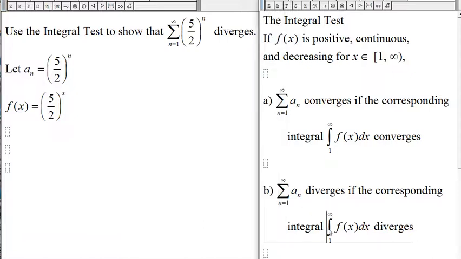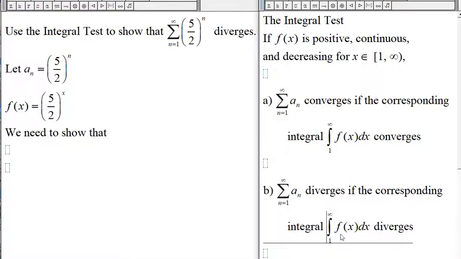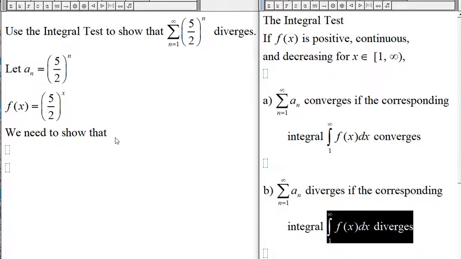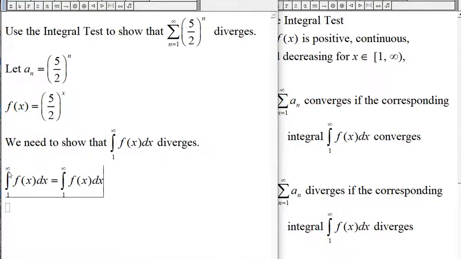And we need to show that this integral right here diverges. And so this integral is equal to, this f of x is 5 divided by 2 to the x.